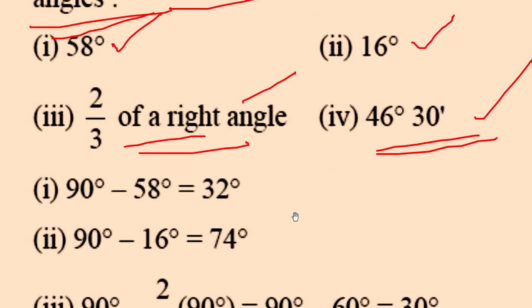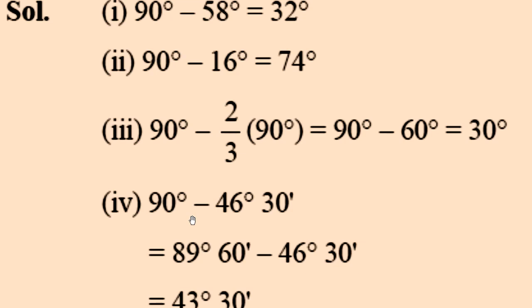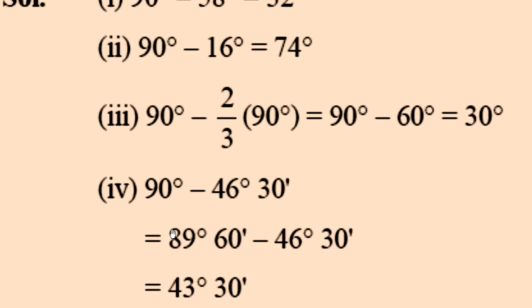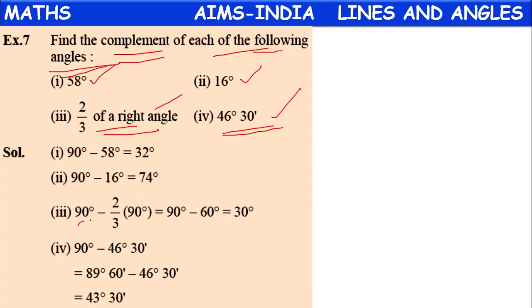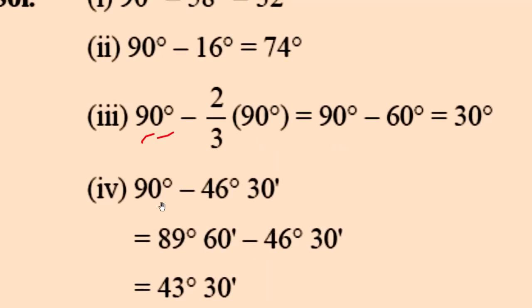Last one, 90 degrees minus 46 degrees 30 minutes. But how to write 90 degrees? We can write 90 degrees as 89 degrees plus 1 degree, and 1 degree can be written as 60 minutes.